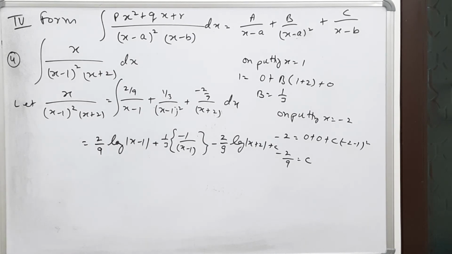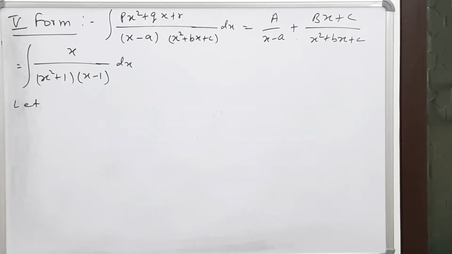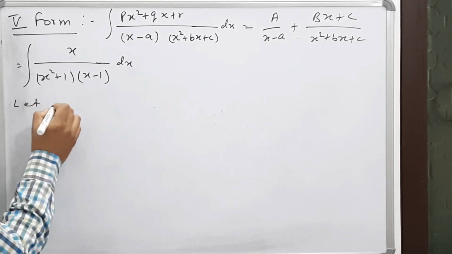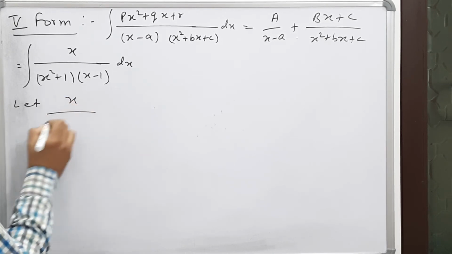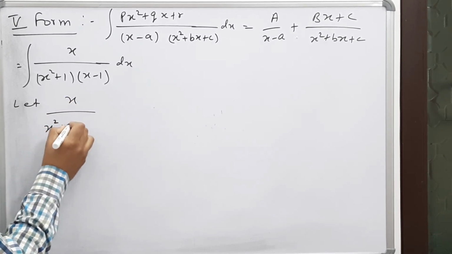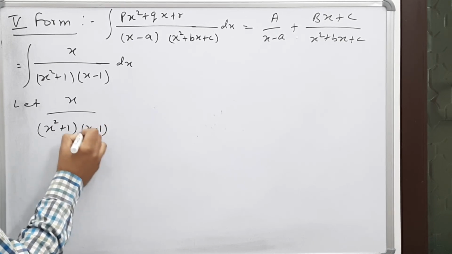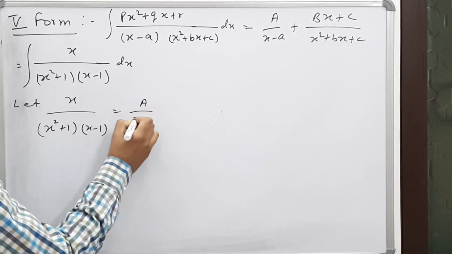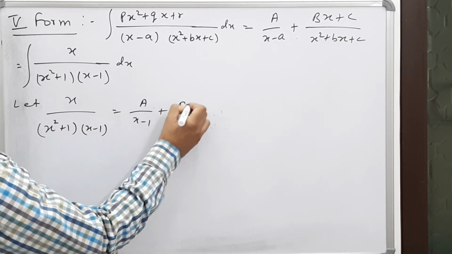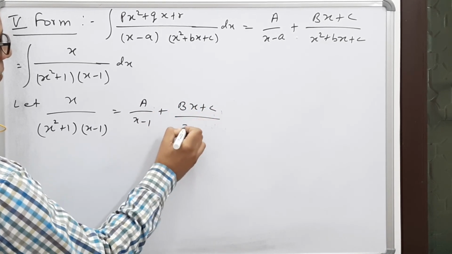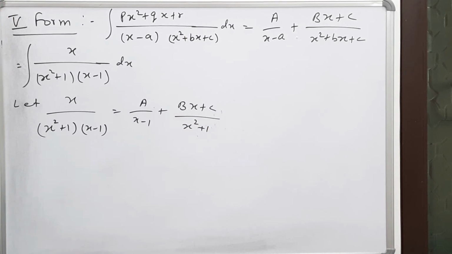Now I am explaining the last form of the integration, that is the fifth form. Yes, dear students, the fifth and last form of partial fractions is, let me write, x/((x² + 1)(x − 1)) as A/(x − 1) + (Bx + C)/(x² + 1). In this way we break it into two parts.